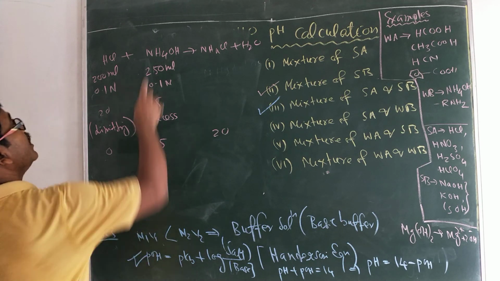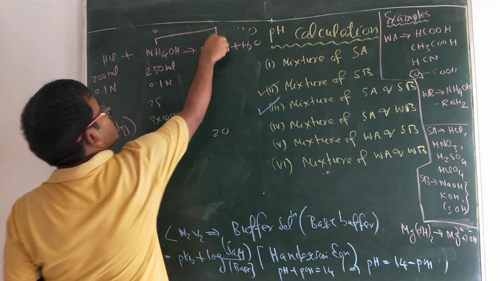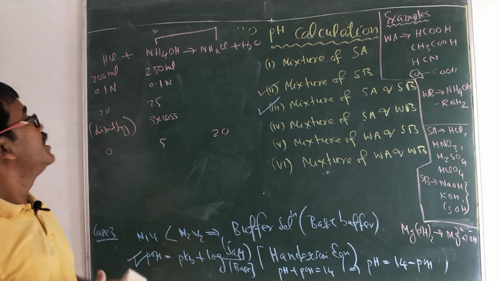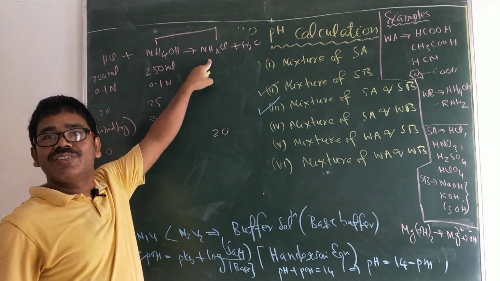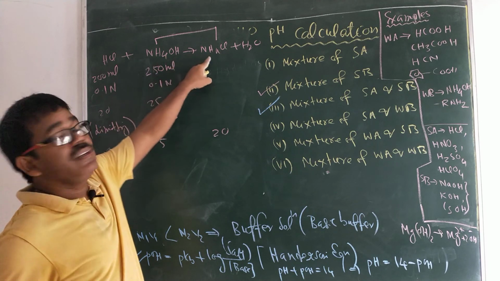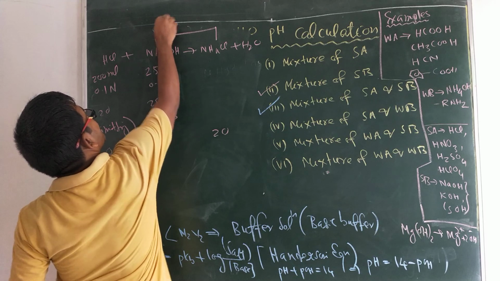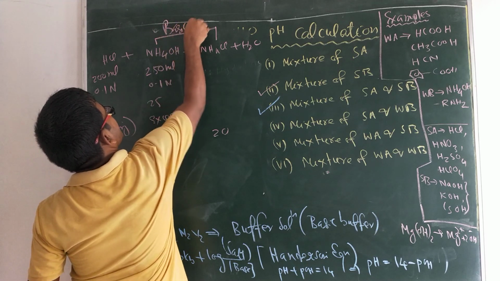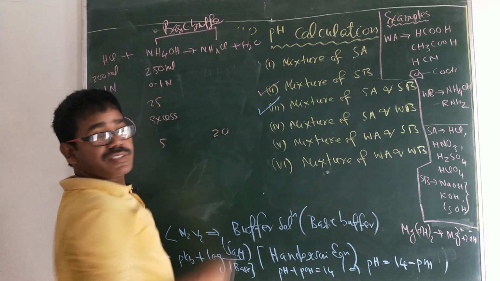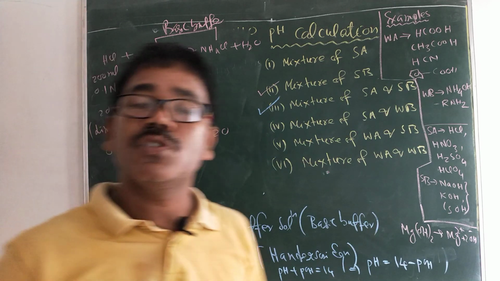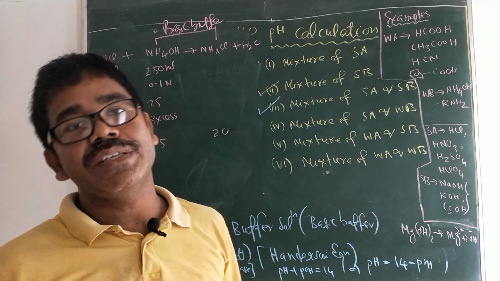Now what do we have in the mixture? One is the weak base, another is the salt. A weak base and its salt with a strong acid is called a basic buffer. That mixture is called a basic buffer.